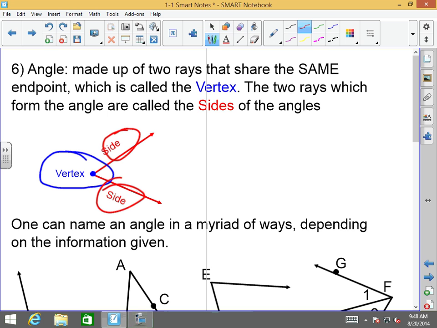Every polygon on this earth has vertices. A square has 4 corners or 4 vertices. It has 4 angles. A triangle has 3 angles or 3 vertices. So anywhere that you have 2 rays connected, or actually 2 segments that connect or intersect, or 2 lines that intersect, that intersection point is called the angle or the vertex, to be more technical.